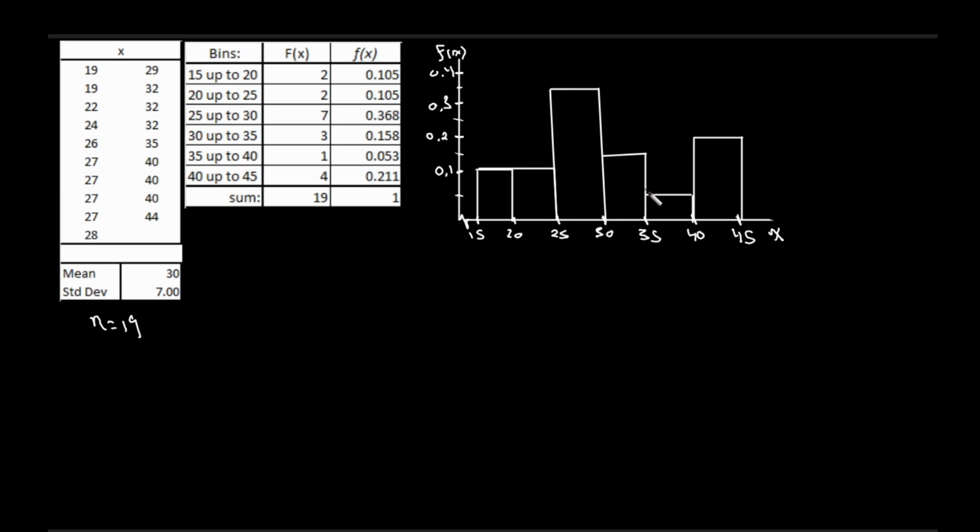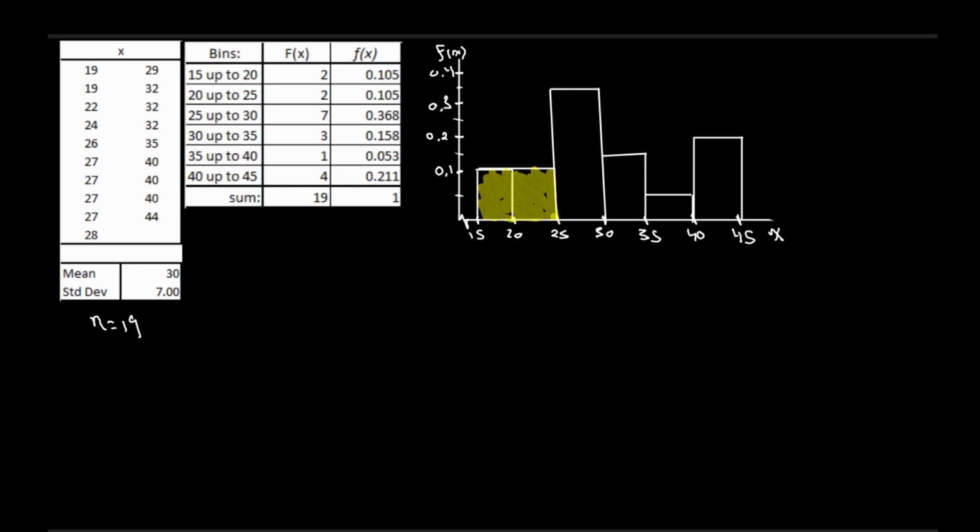So what we can always do with this, and what we've done before, is say, what proportion of observations are going to be less than 25? We can just say, that's these two boxes here.